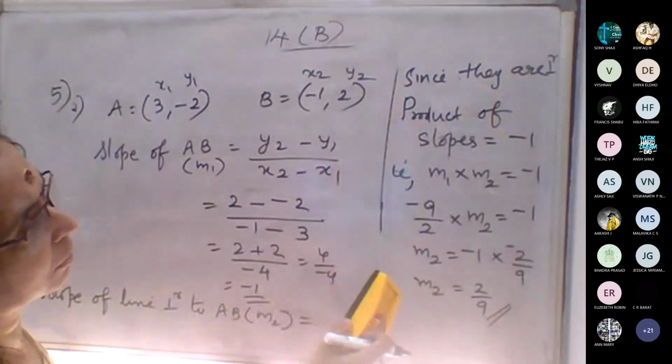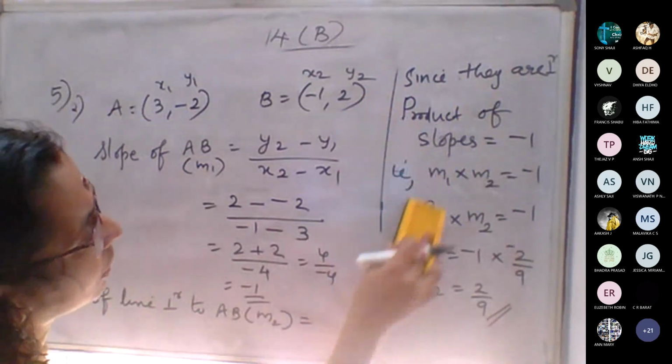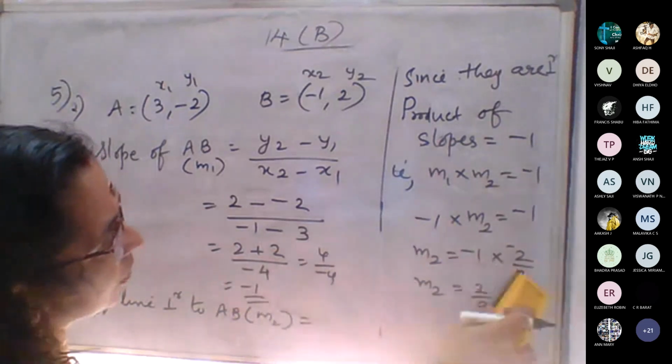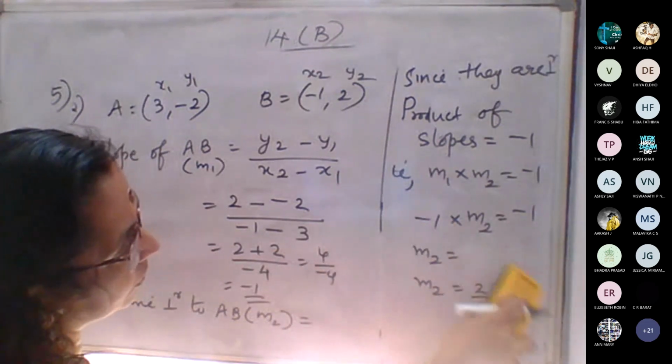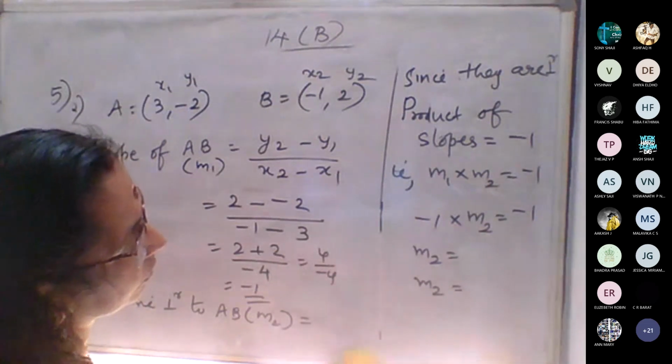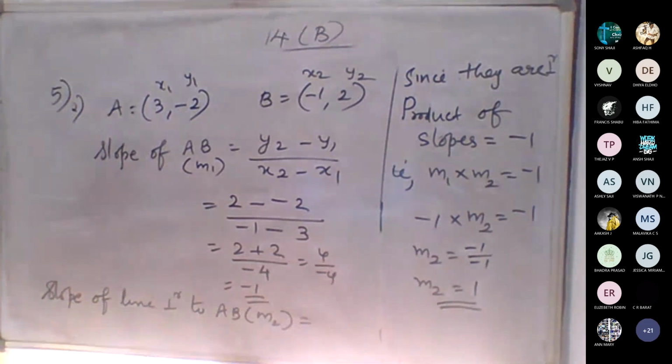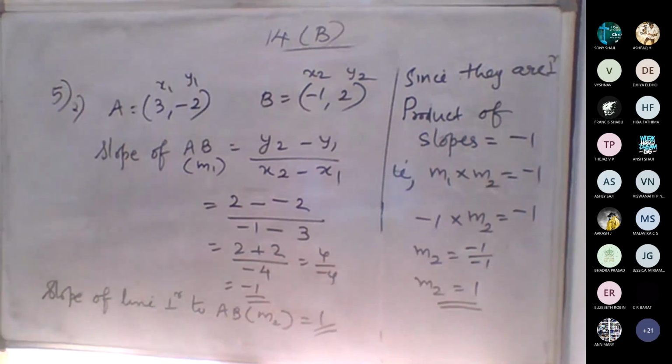Same, since they are perpendicular, the product of slopes is equal to negative 1. So m1 we got as negative 1, so m2 is equal to negative 1 by negative 1, which is equal to positive 1. So the slope of the line perpendicular to AB is equal to positive 1.